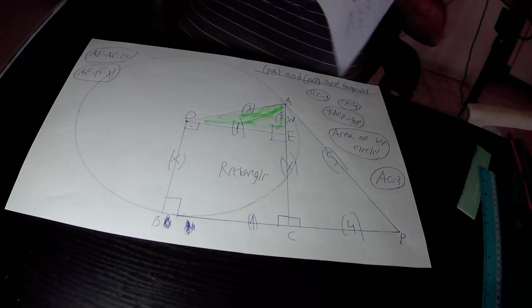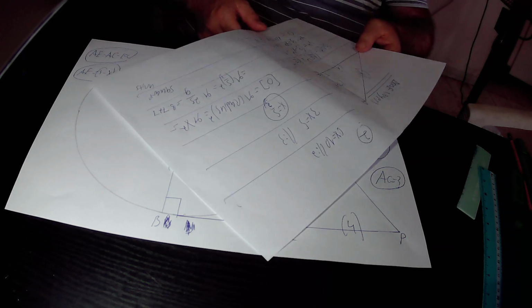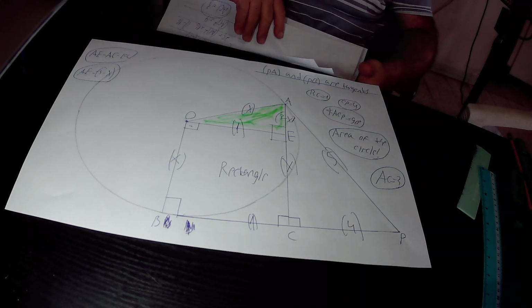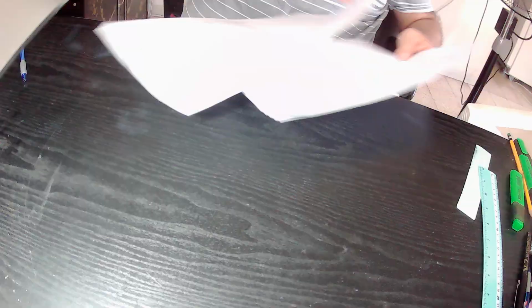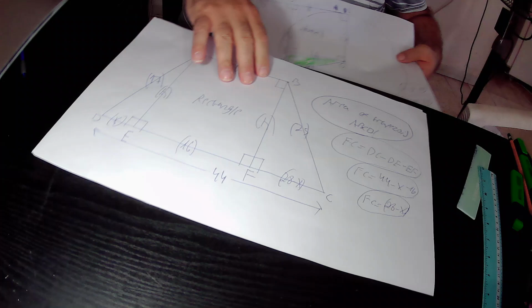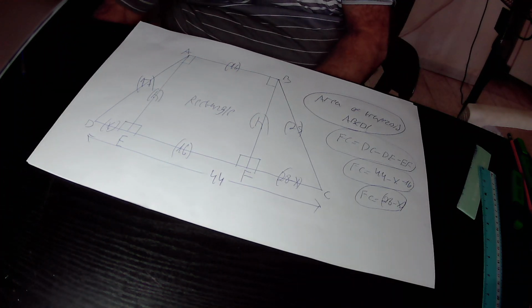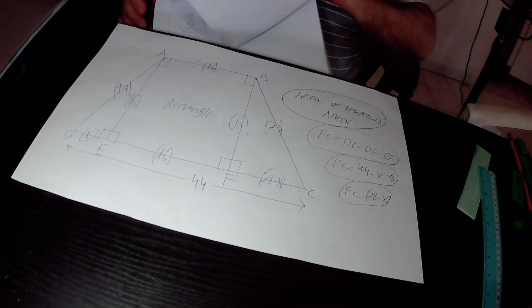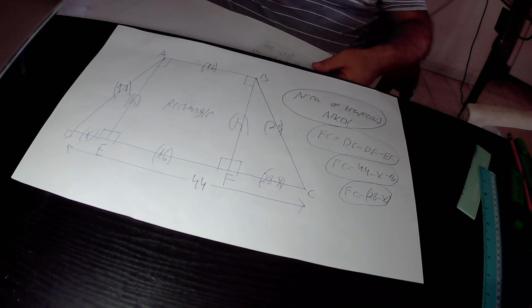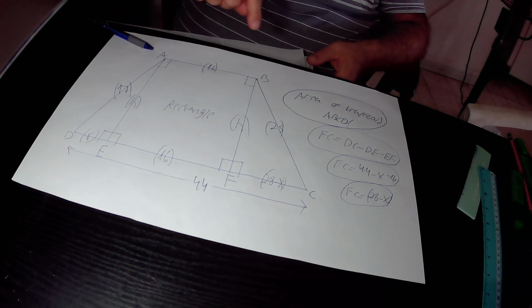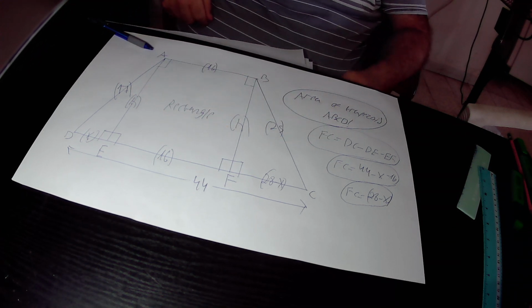In the next step, I present to you the second question and we solve it. Our mission in the second question is to find the area of this trapezoid ABCD.